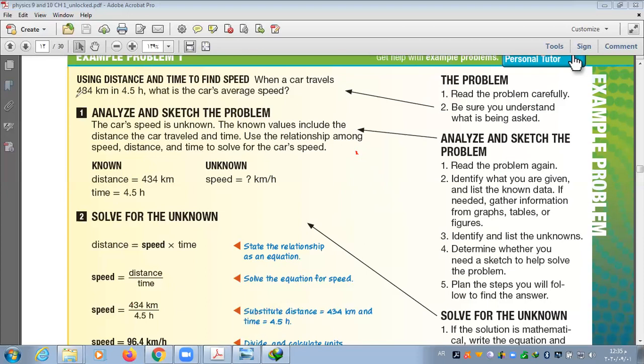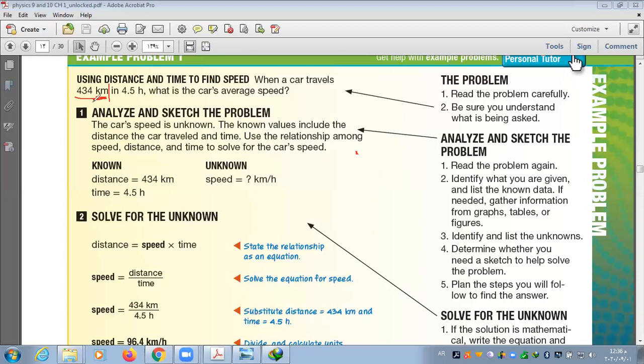When a car travels 434 kilometers, we have a number and a measuring unit, kilometer. So when we stop here at kilometer, what do you understand by 434 kilometers? The car moved a lot of distance. So here he is talking about distance, right?